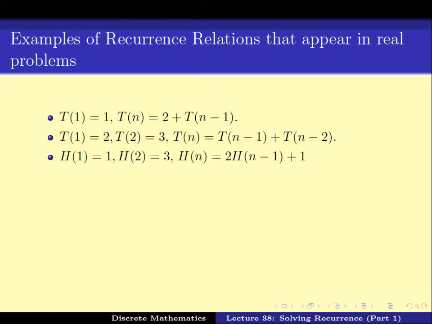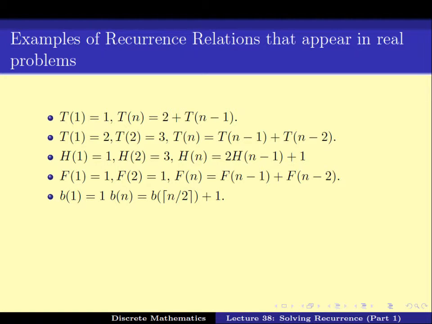This one we got from the Tower of Hanoi problem, where h1 equals 1, h2 equals 2 and hn equals 2 times hn minus 1 plus 1. This one is the Fibonacci series, where f1 equals 1, f2 equals 1 and fn equals fn minus 1 plus fn minus 2. It's a quite famous series that appears again and again in real life.